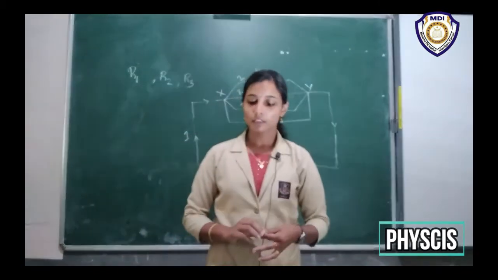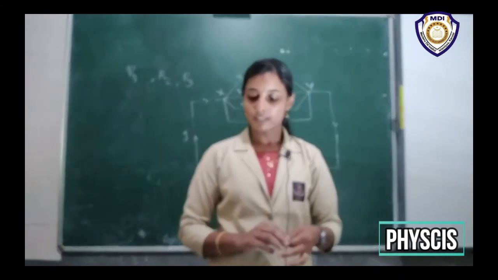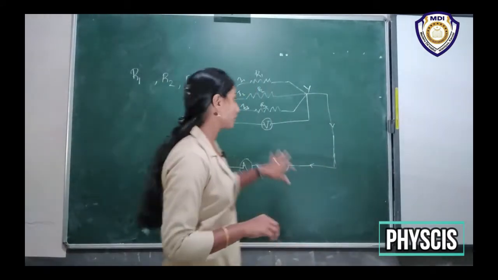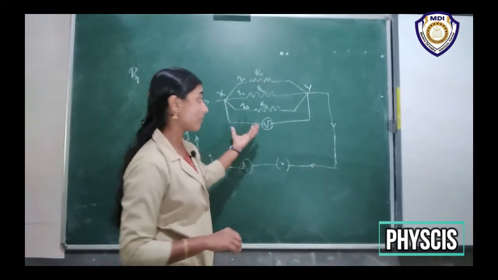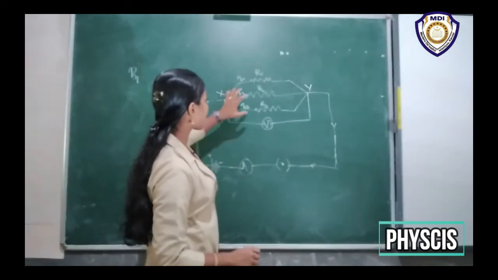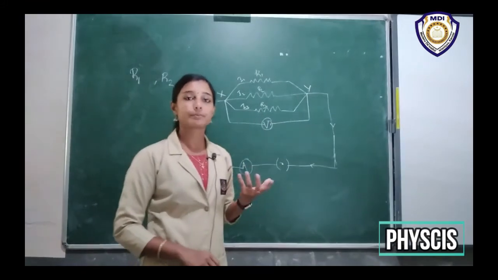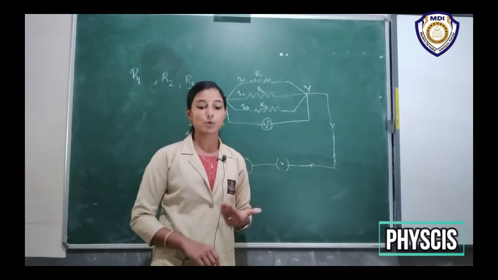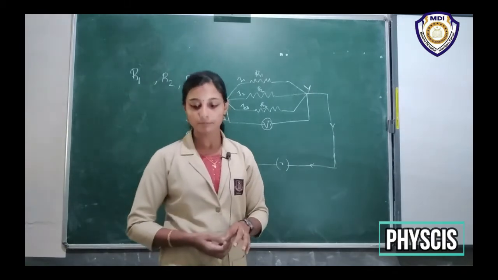Okay, and the potential difference across the points of the circuit remains the same. So the potential difference reading should be the same everywhere we fix the voltmeter. Anywhere in between these resistors, we find that the potential difference is the same in each case.